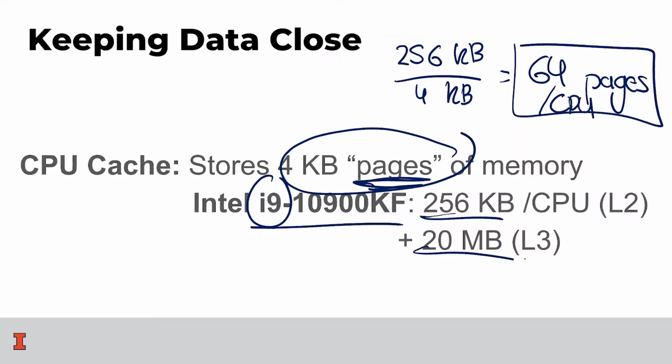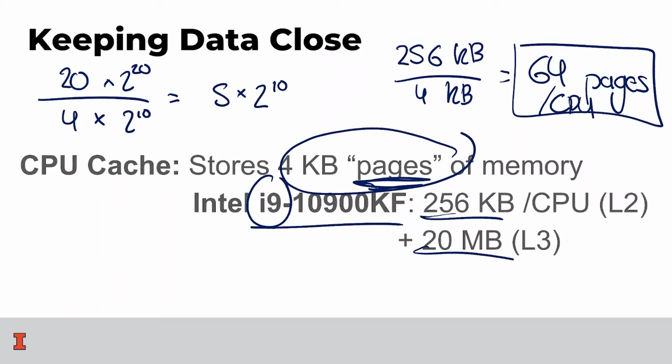Then we have 20 megabytes of extra cache that's shared between all of our CPUs. So how many pages is that? Well, we can do that by simply taking 20 times 2 to the 20th, dividing by 4 times 2 to the 10th. So that's going to be 5 times 2 to the 10th. So that's going to be 5 kilobyte pages.